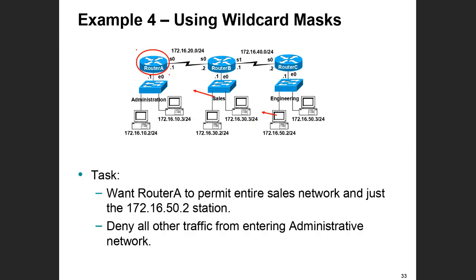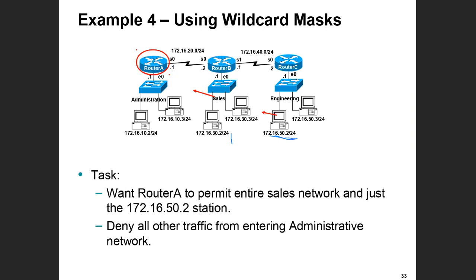Now, let's use wildcard masks and permit the entire sales network, which is 172.16.30.something. And 172.16.50.2, that's the engineering supervisor, engineering manager.